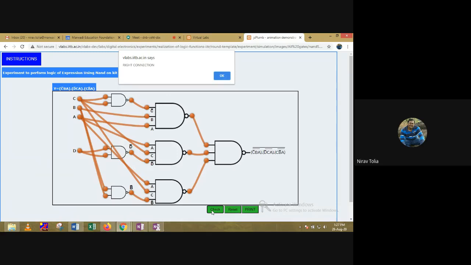Okay, so now who's the next to share their screen? Let's say Ruthvi. Ruthvi, can you share your screen? Hello, Ruthvi.